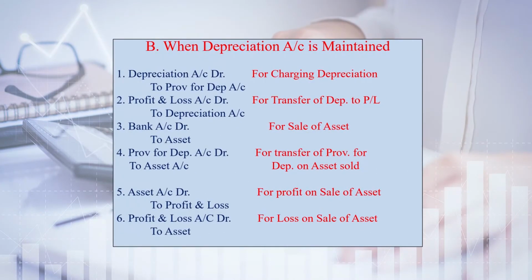The second method is when depreciation account is maintained. When depreciation account is not maintained, as per the first method, the asset is shown in the balance sheet against its depreciated value, its book value.